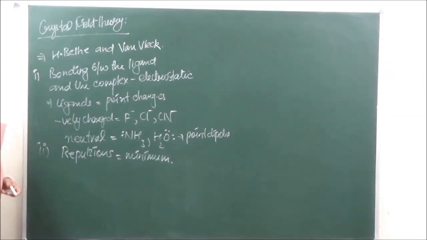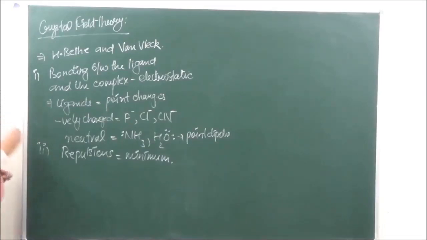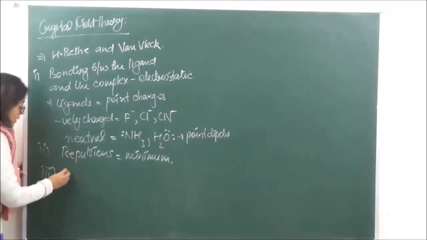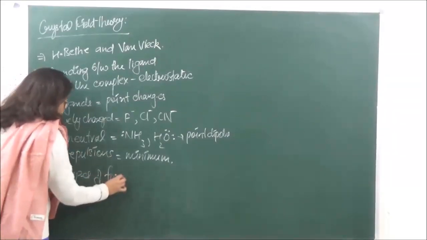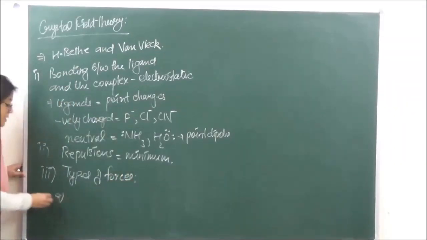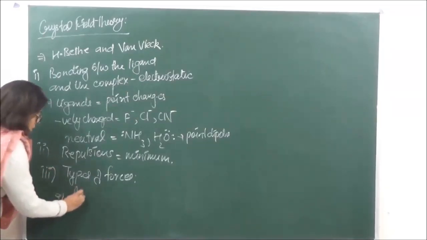Okay? Then we come to the third point: the interaction between the positively charged nucleus of the central atom and the ligands is of 2 types. So we have 2 types of forces in operation over here. The first type of force is the attractive forces.